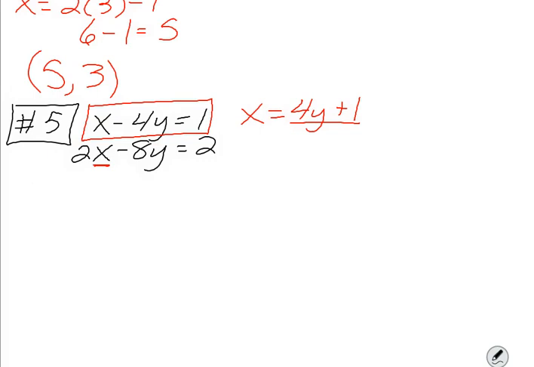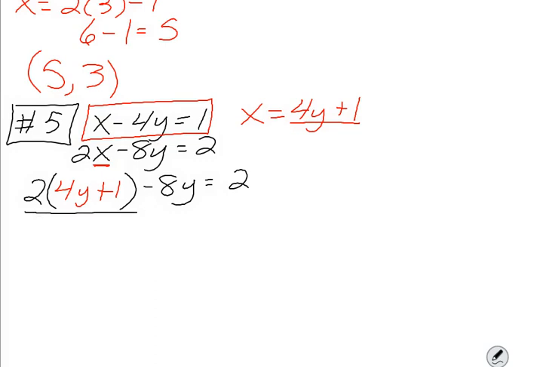So this is going to be 2 times x, but in this problem, x is 4y plus 1. I still have my minus 8y equals 2. Remember, as you work through it, you have to do your distributive property. So that'll be 8y plus 2 minus 8y equals 2.